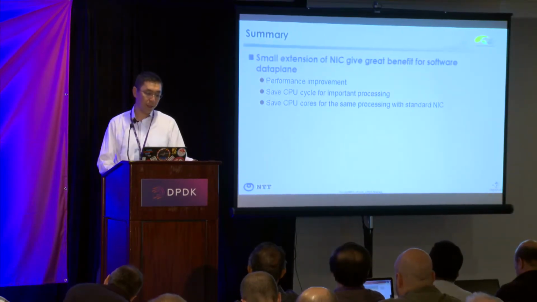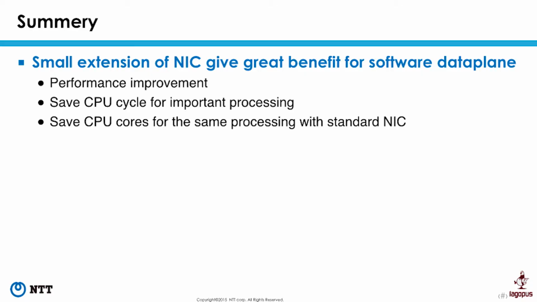So this small extension of the SmartNIC gives a great benefit to the software data planes from performance improvement, and as well we can save CPU cycles for important processing in the software data plane, and we can save CPU cores for the same processing compared with a standard NIC.